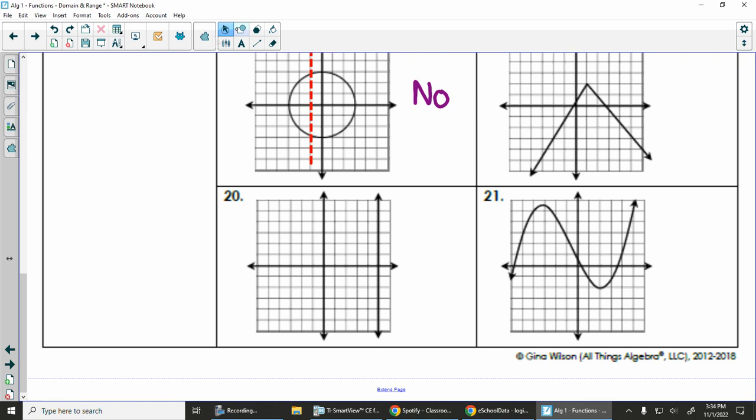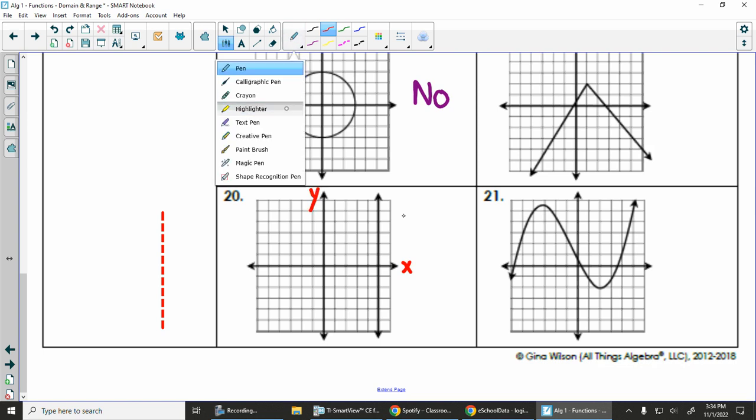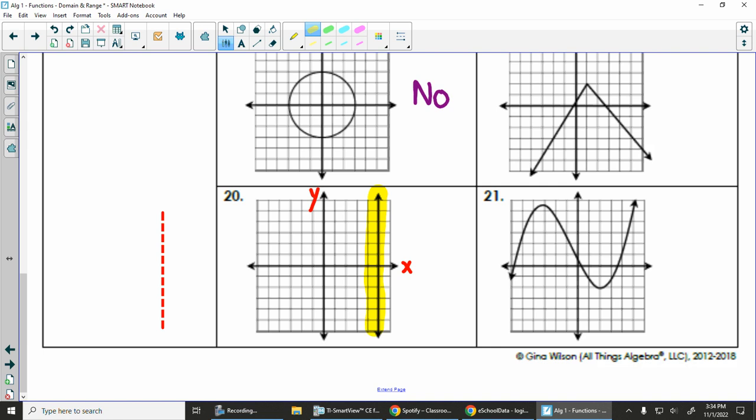And number 20. Okay, now you might be a little confused here, wondering, well, what is the graph? Well, here's your x and y axis. The graph is actually this line right here. Okay, so again, in order to be a function, I should be able to put my vertical line anywhere and only touch once. Now, the problem here is that the line that they graphed for us is a vertical line.